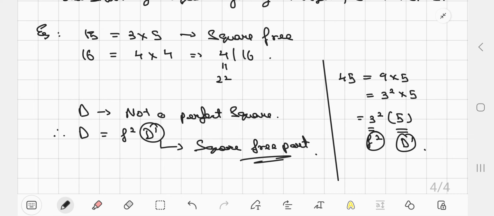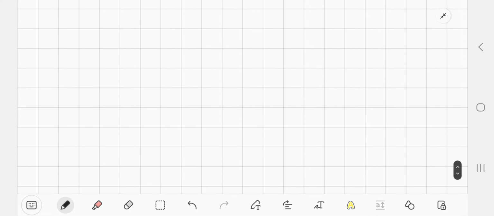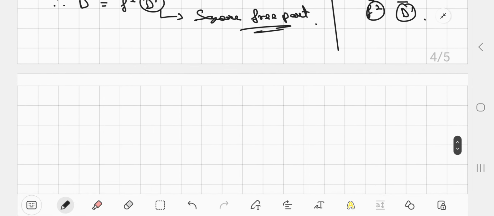You can talk about rational numbers in this way as well, because in this case we are considering D to be a rational number, right? For example, if I consider 8 upon 5, then I can write it as 2 upon 5 whole squared times 10.